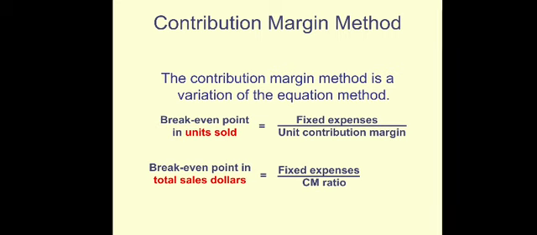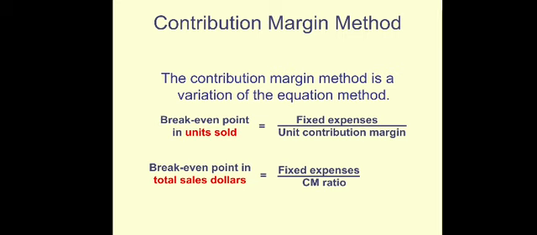Okay, the second method that you can use to calculate the break-even point is called the contribution margin method. I also call this method the formula method. Using this method, you just have to memorize this formula.